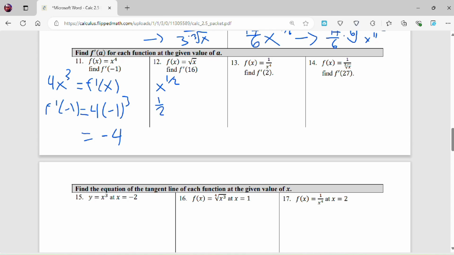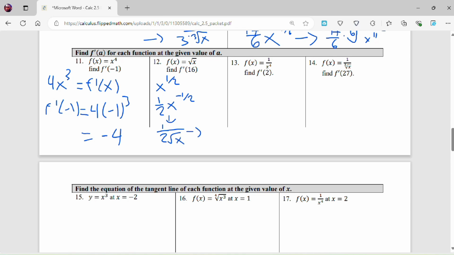So put the 1 half on the front. x stays the same. And negative 1 half. I'm going to rewrite it. 1 over 2. And then x to the negative 1 half, you bring it to the bottom, becomes positive. x to the 1 half. x to the 1 half is square root of x.